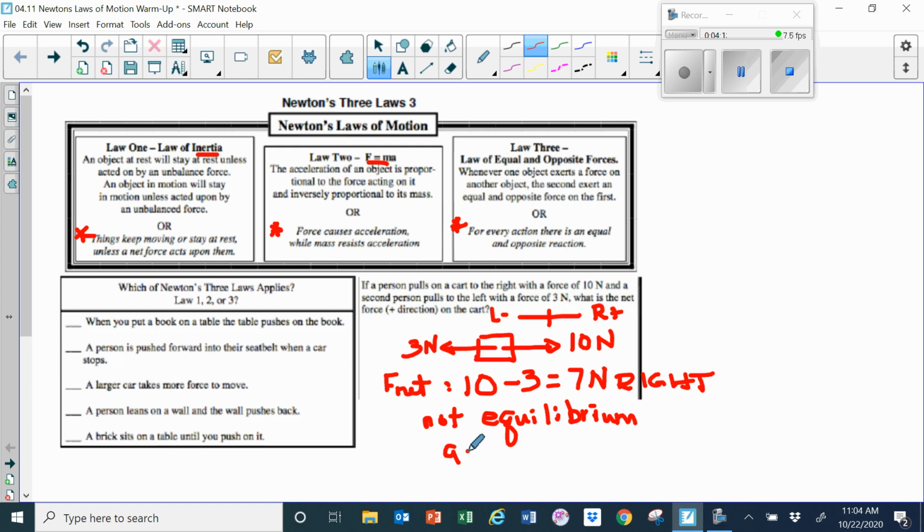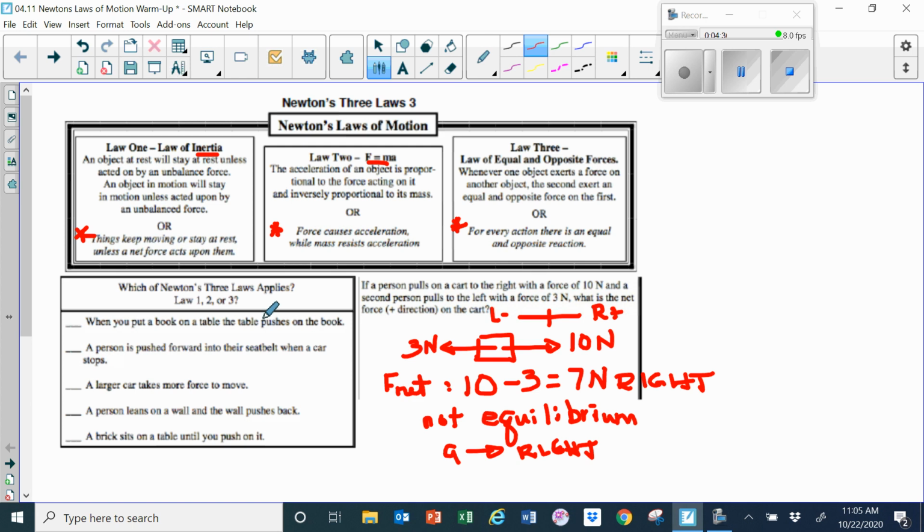And that acceleration is in the same direction as the force. It's to the right. Okay? So when you see a net force, you should say, hey, I've got a net force acting on this object, this cart. It is not in equilibrium. It's being accelerated to the right, in the same direction as the net force.